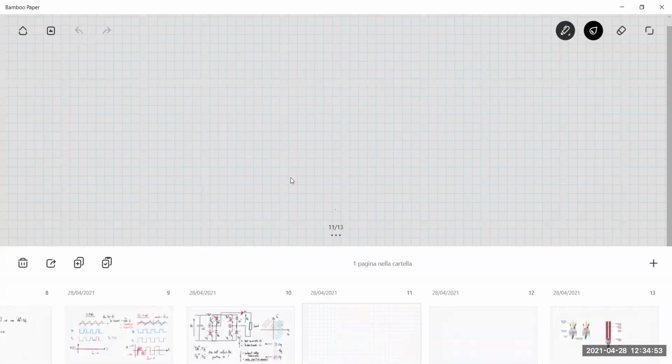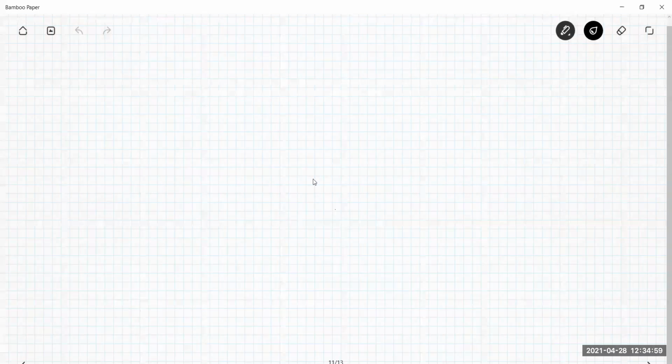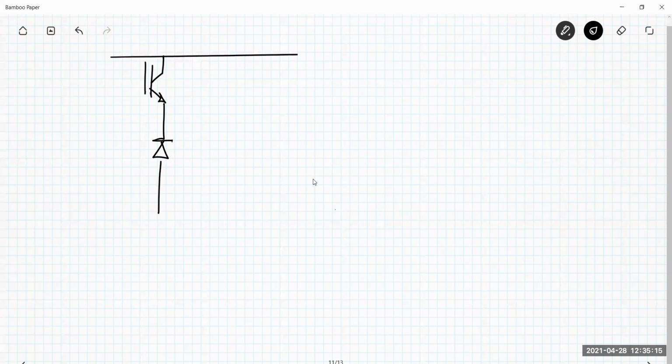So let me just redraw my circuits modified as I told you. So now instead of having 8 devices, I have just 4 devices, 2 transistors and 2 diodes.